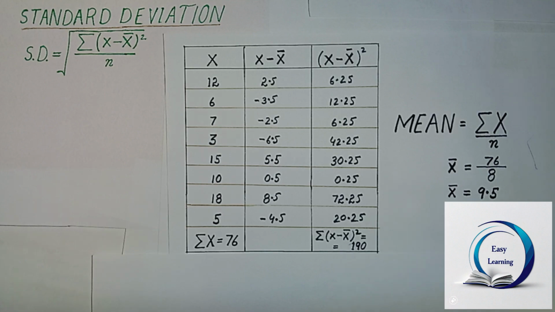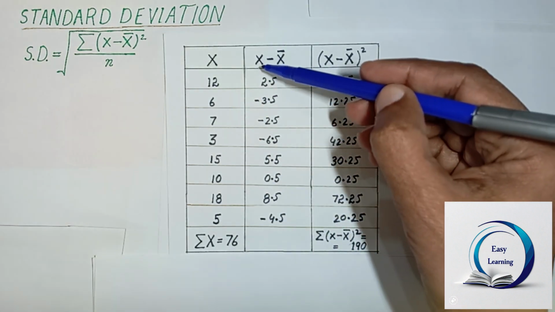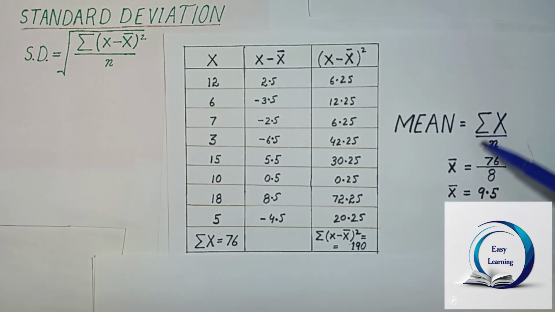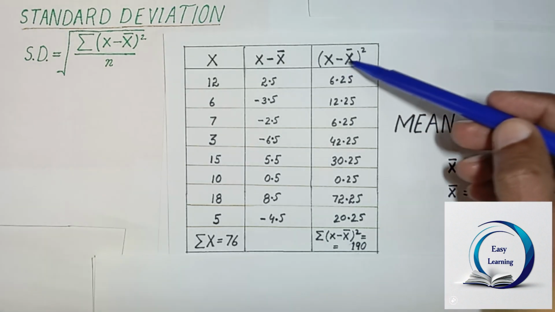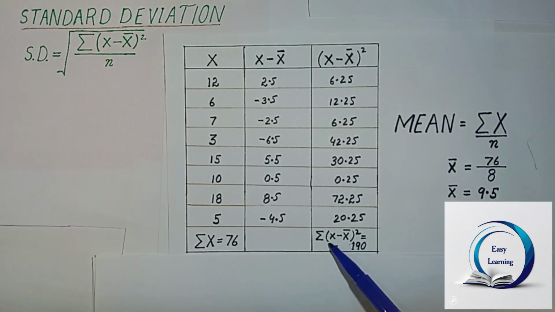We use the same procedure: list the observations in the column X. Then we find X minus X bar, where X bar is the mean, which we calculate in this way. And again we find X minus X bar whole square, and the summation X minus X bar whole square equals 190.